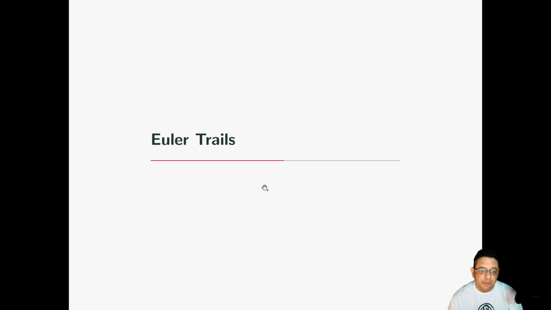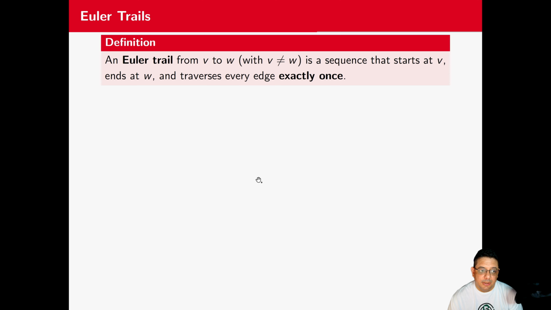Now let's talk about Euler trails. An Euler trail from B to W, with B of course being different from W, is a sequence that starts at the node B, ends at the node W, and traverses every edge exactly once.